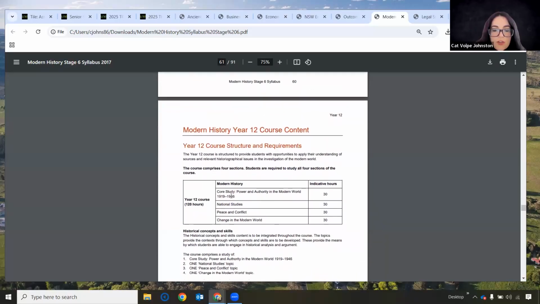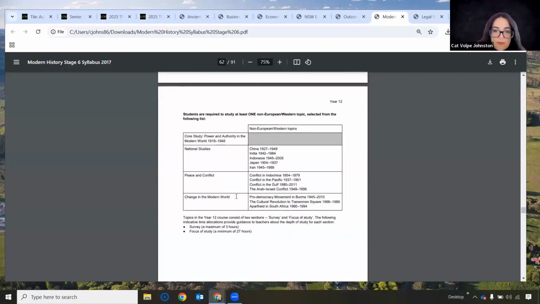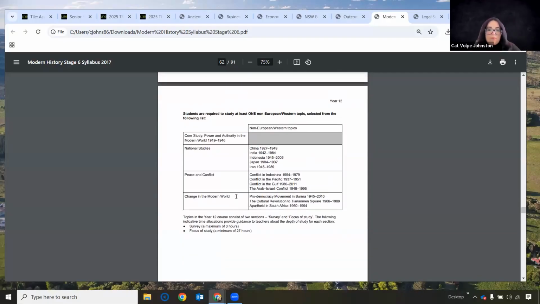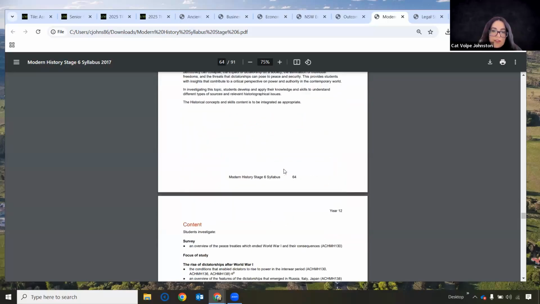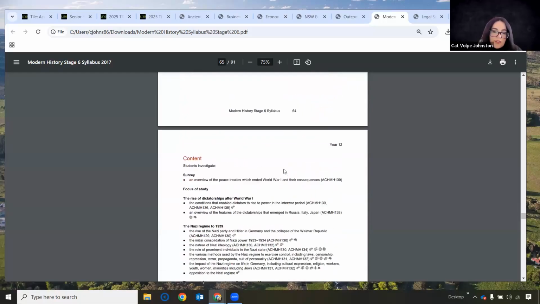Now in year 12, students have to do the core study of power and authority in the modern world, 1919 to 1946. And they're looking at national studies, peace and conflict, and change in the modern world. Now, here are your topics here. So going down and looking at these, this is that core study.